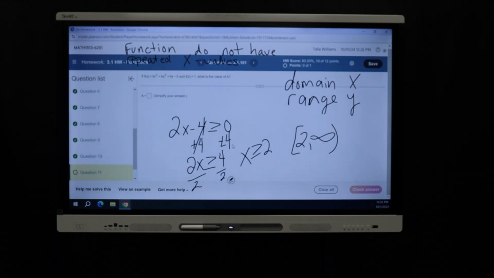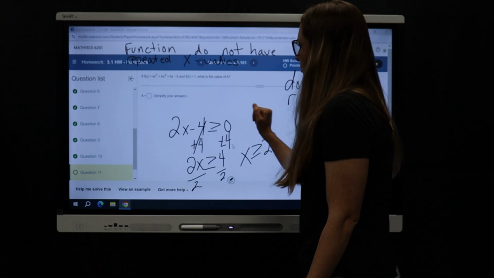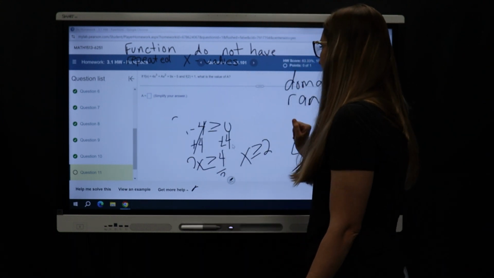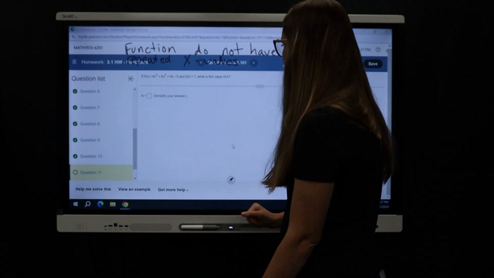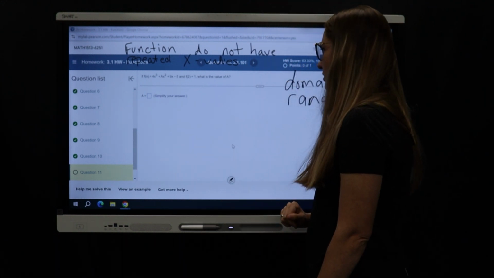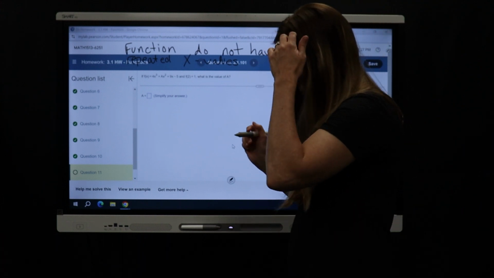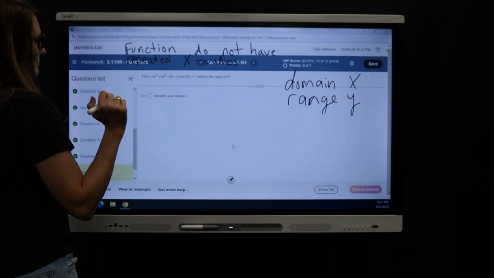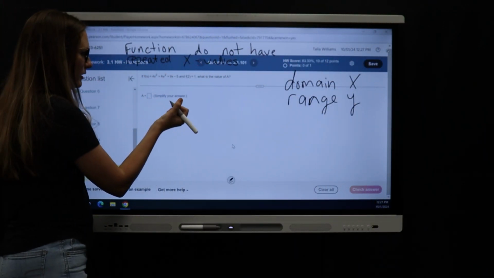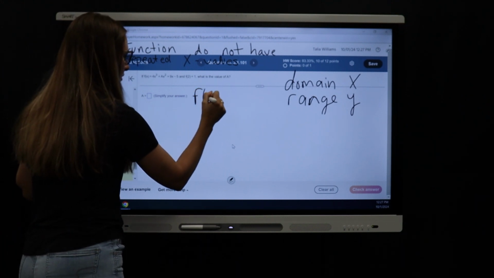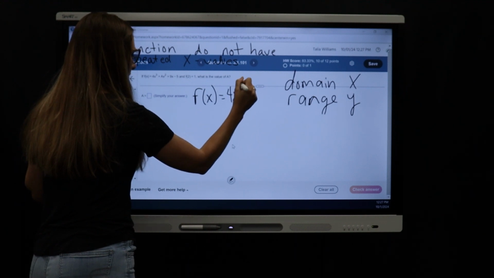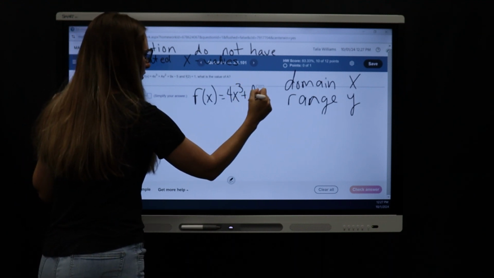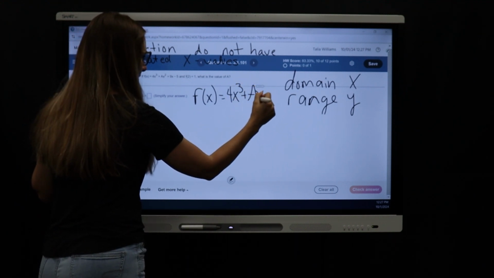Okay. If f of x equals 4x cubed plus ax squared plus 9x minus 5, and f of 2 equals 1, what is the value of a? Okay. Math time. Let me write my equation here. We're going to solve for this a right here.